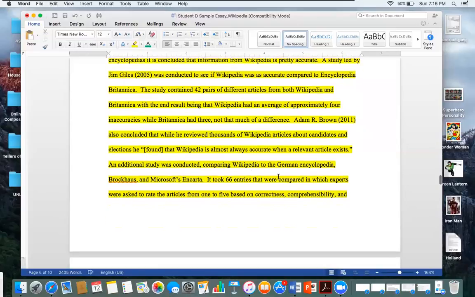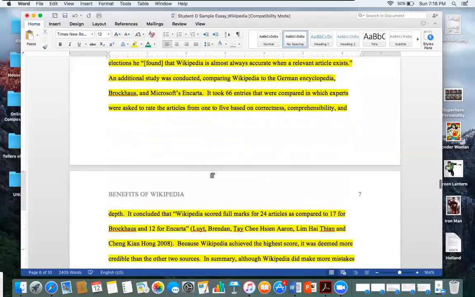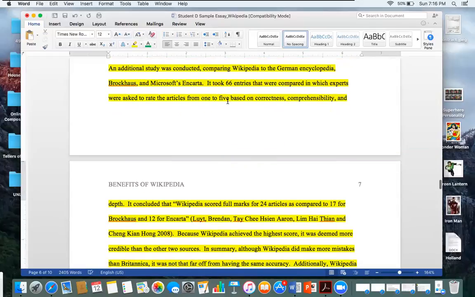And then finally, another study by Lute, Brendan, Tae-Chi, Scene, Aaron, I'm not sure all these names. Actually, some of these may be first names. But you can see this other study also showed Wikipedia as more accurate than other encyclopedia-like sources.